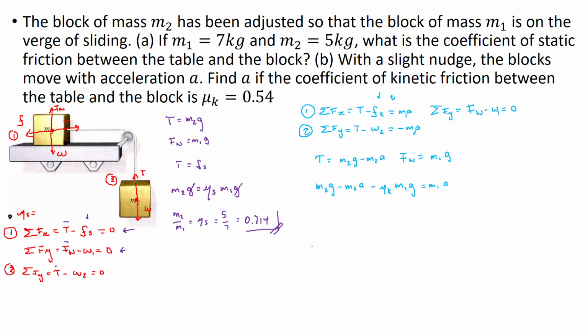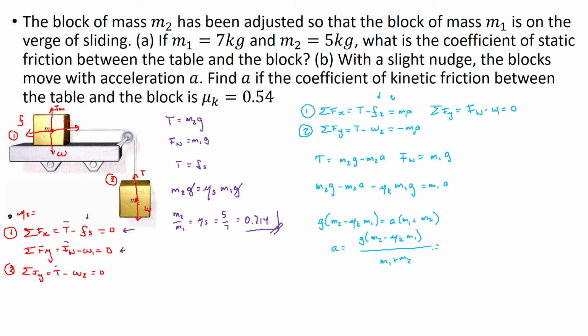Okay, so from there, things are going to get a little bit nasty, but I just need to solve for it. I'm going to have gravity times mass 2 minus mu k mass 1, and this is going to be equal to acceleration times mass 1 plus mass 2. So acceleration is going to be equal to gravity times mass 2 minus mu k mass 1, all over mass 1 plus mass 2.